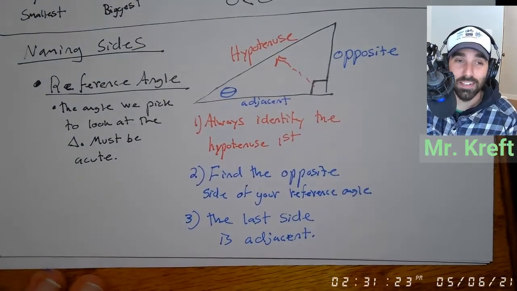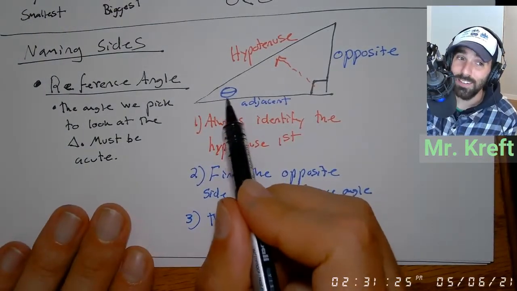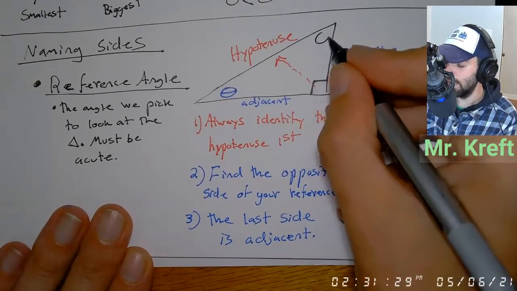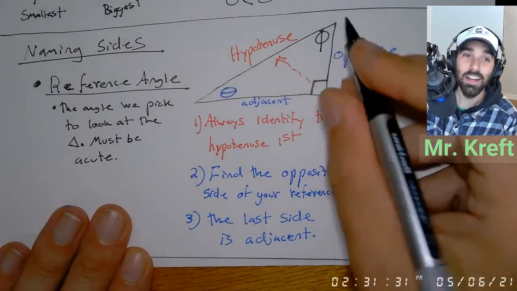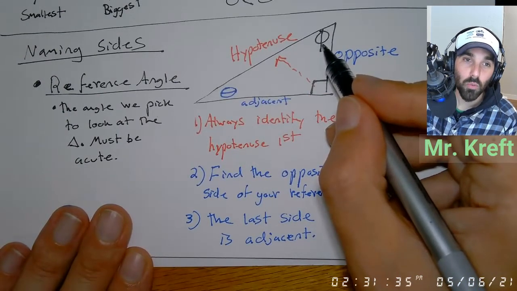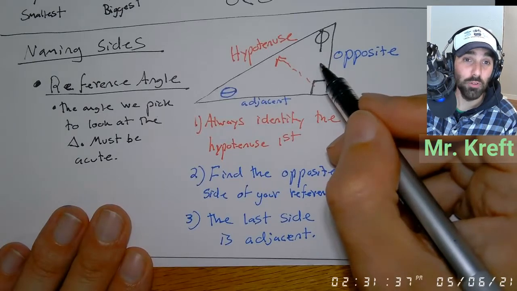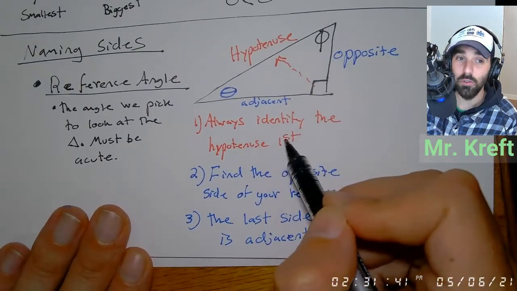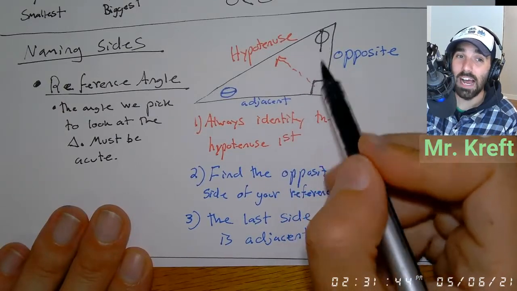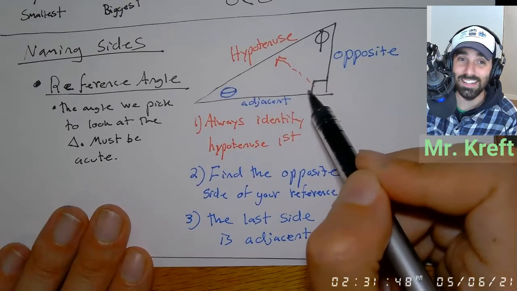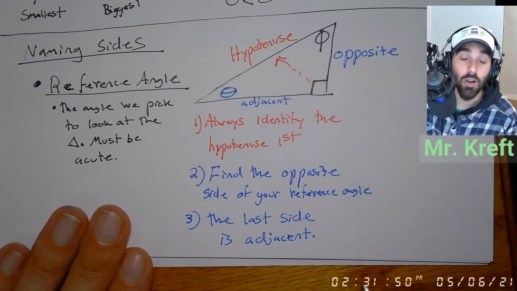So why did I make a big deal about this? Well, that's if we use theta as our reference angle. What if I pick a different color and call this angle phi? Phi has a different perspective. Notice we identified the hypotenuse first, because even to phi, this is still the hypotenuse. The hypotenuse is based off the 90, and the 90 hasn't changed.